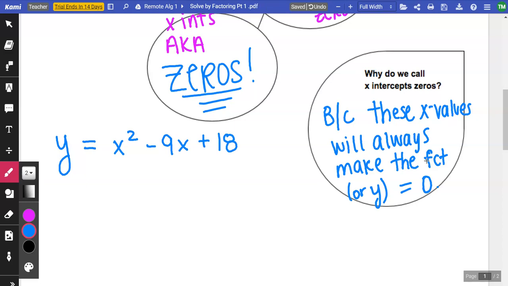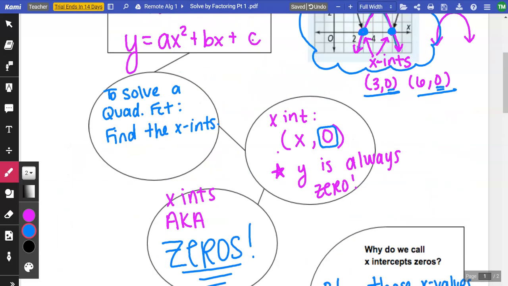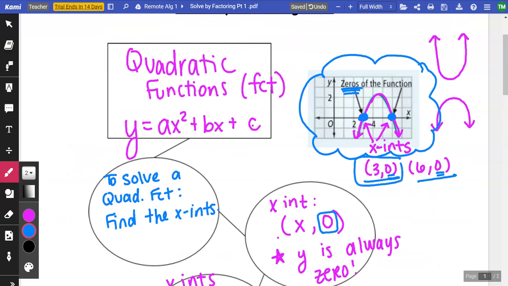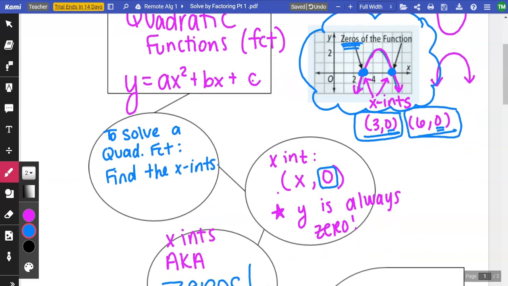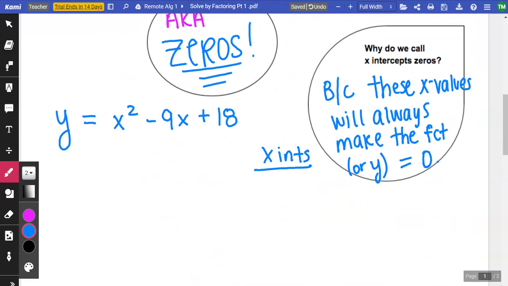Now, remember the x-intercepts that we found on this graph are the points 3, 0, and 6, 0.